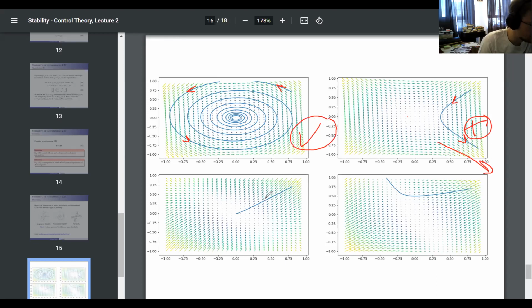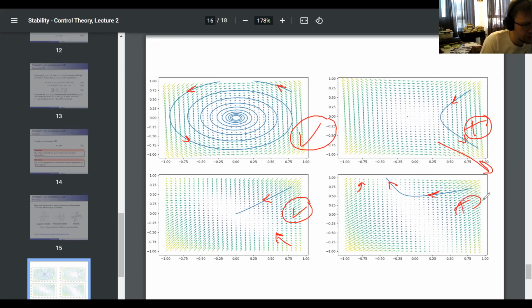Here it goes in this direction because of the arrows you can see, so it goes towards the center. But however, arrows here pointed this way. Oh no, I'm mistaken. Even arrows here point all this way. So this is a convergent solution. This is stable. And here you can see some arrows point this way, so this solution is going to diverge.